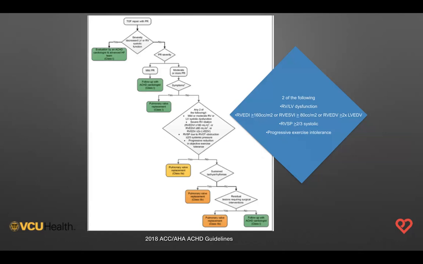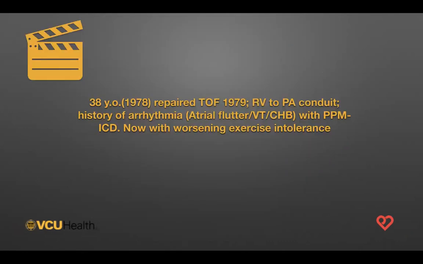By MRI, RV end diastolic volumes greater than 160 or RV end systolic volumes greater than 80. Increased RV systolic pressures greater than 2/3 systemic, and progressive exercise intolerance. So CPET is often used in these patients for serial follow-up.